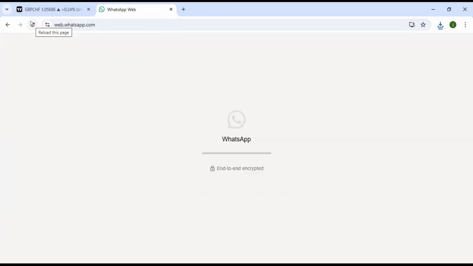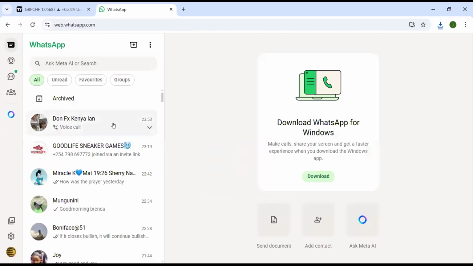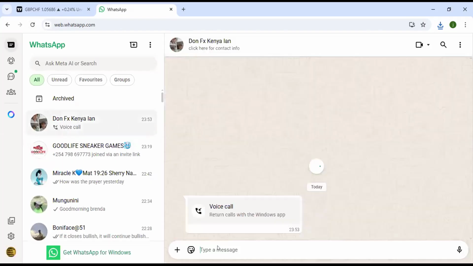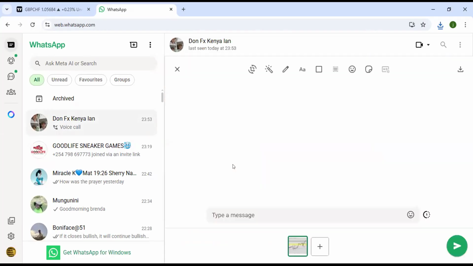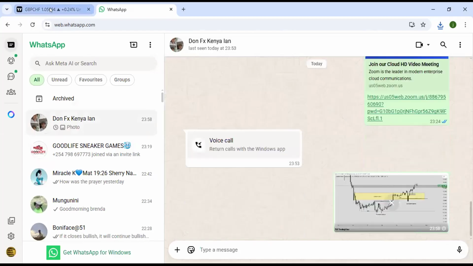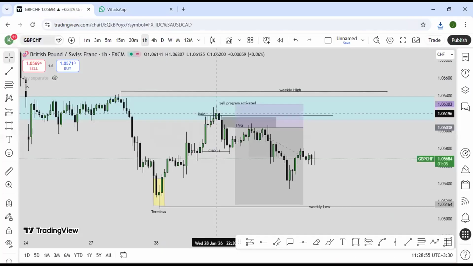But you're picking it, eh? Yes, you will share your screen. It has worked now. You'll share your screen, then you analyze.